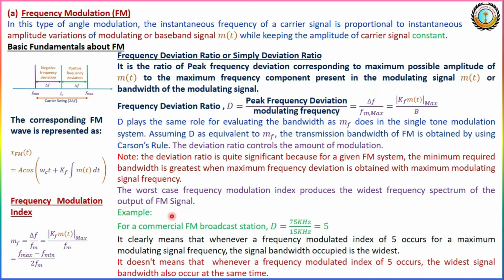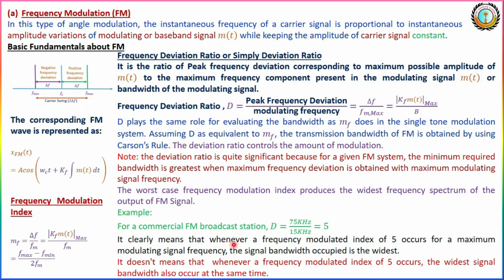To elaborate this important note, we have an example: for a commercial FM broadcast station, the deviation ratio is equal to 5, and that deviation ratio is similar to our modulation index.